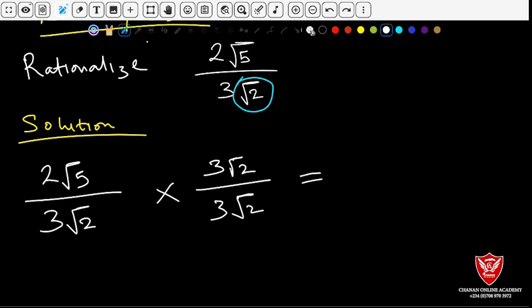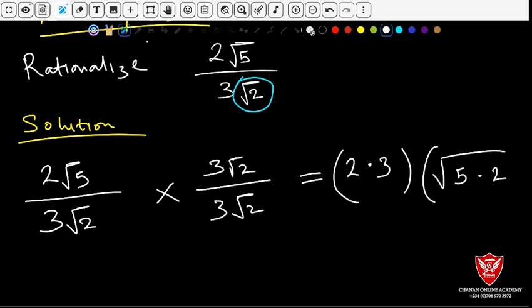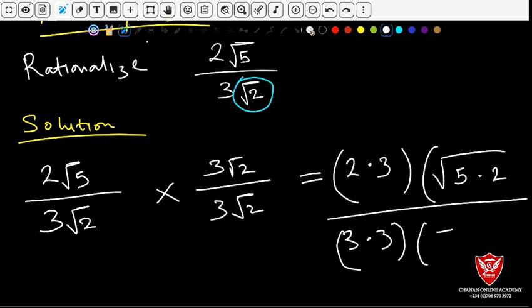So you multiply the coefficients, 2 multiplied by 3, and then we multiply the surds, 5 multiplied by 2, all over 3 multiplied by 3, and in brackets, 2 multiplied by 2.